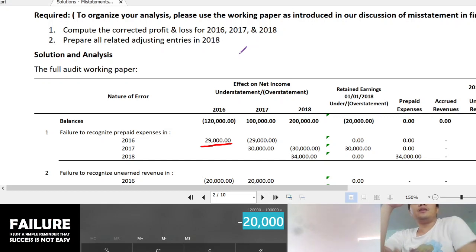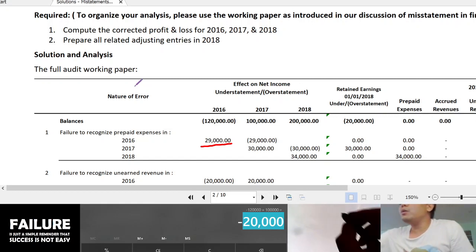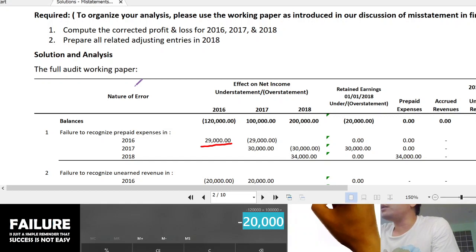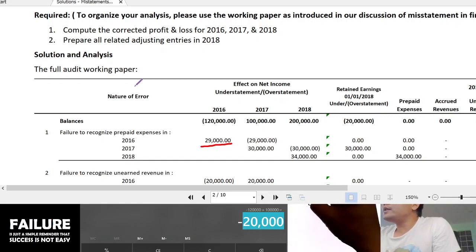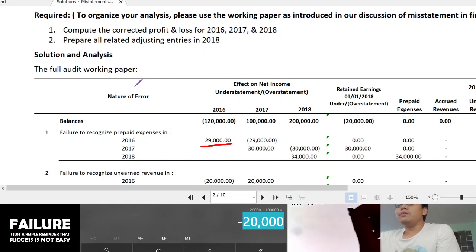So the point is, okay, if we did not recognize this as a prepaid expense, obviously, this will overstate your expense. Diba? So, if overstated yung expense mo, ano yung effect niyan sa net income?